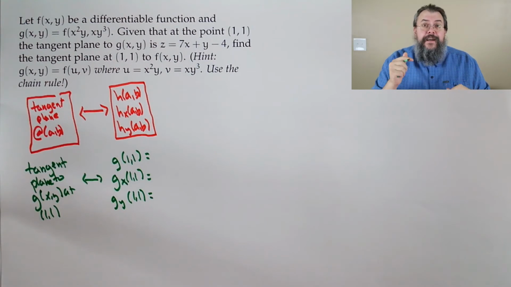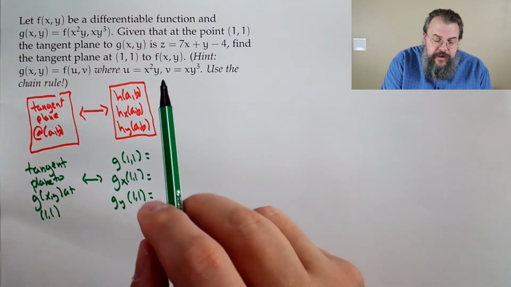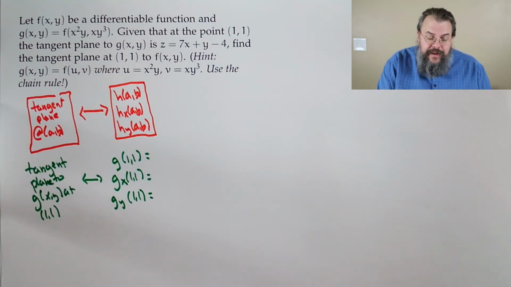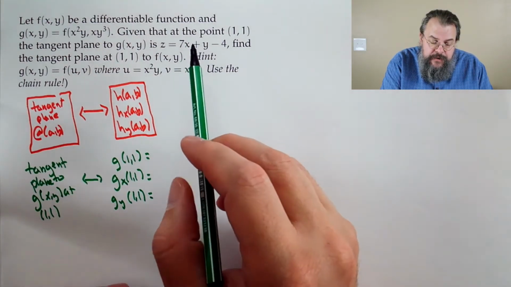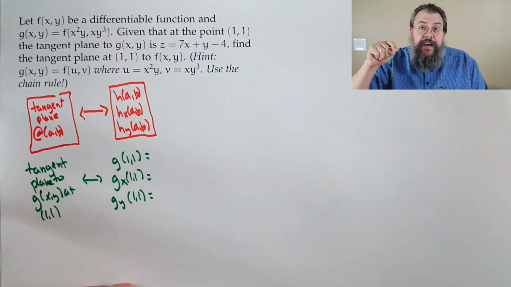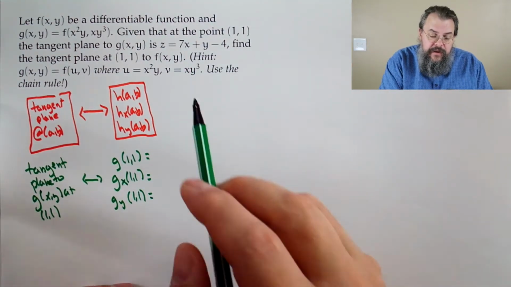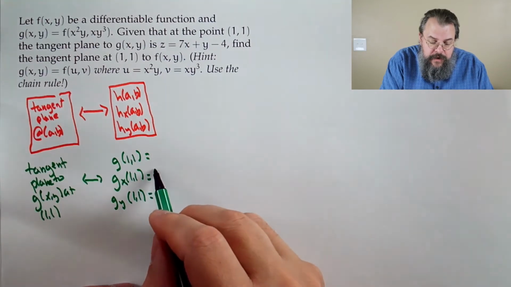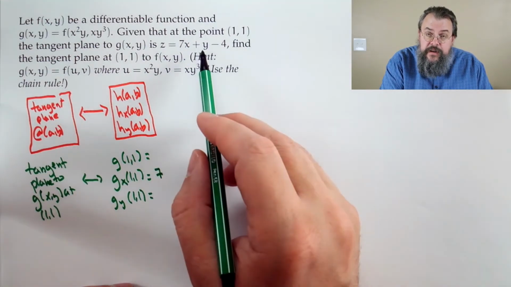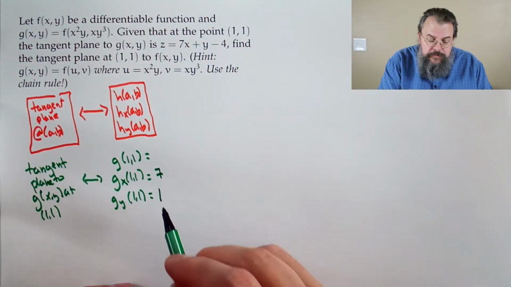Well, we can if it's written in the form z equals. And it is, so that's good news for us. So the partial derivative with respect to x is what's in front of the x here, but you have to have z equals to do this. Okay, so that says g sub x at 1, 1 is 7. G sub y at 1, 1, read the coefficient, it's 1.